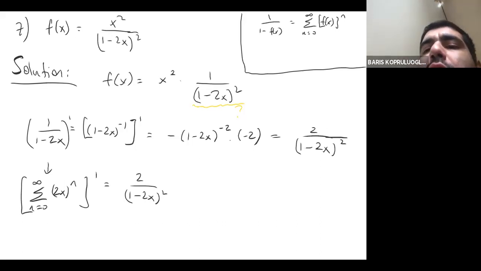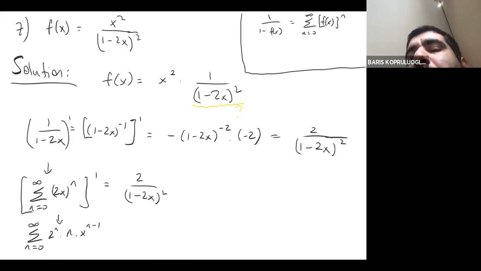And how can we calculate the derivative of this guy? It will be 2 to the power of n times x to the power of n, and if you differentiate that, 2 to the n times n x to the power of n minus 1. And this is 2 over (1 minus 2x) squared.